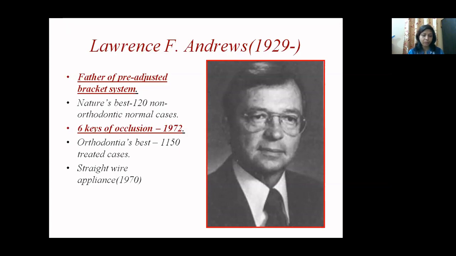Based on the observation of those models, he has given 6 keys which are the foundation for us to see what to look for in the final outcome, what should be there in a well-balanced occlusion. So these keys were given by Andrews. He also has given the straight wire appliance, that is the pre-adjusted appliance.